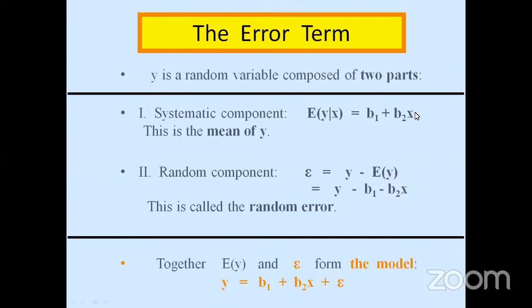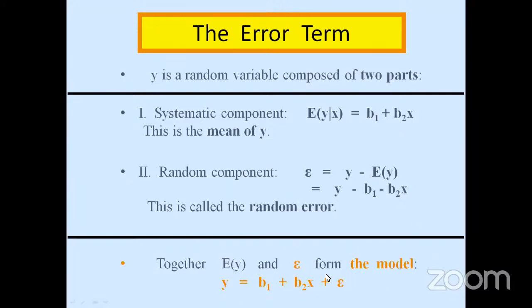This doesn't complete it until this E is added, the random error. The random error component is y minus the expectation of y. This expectation of y is generally b1 plus b2 times x. So we do some algebraic work here. These two components together, the expectation of y and this error component, form the model.